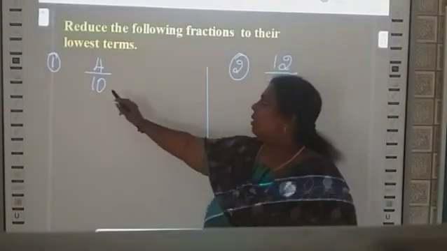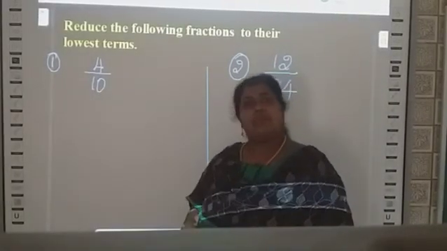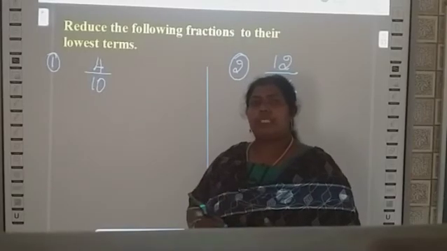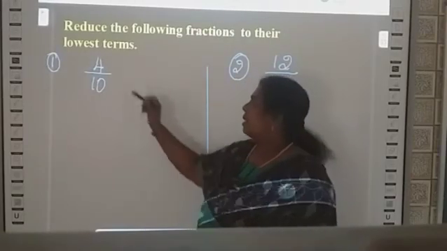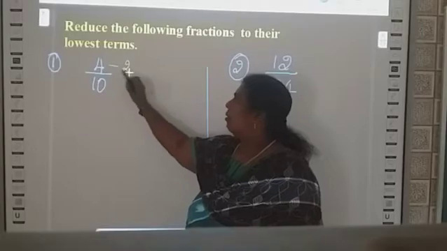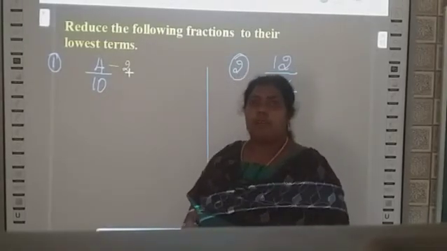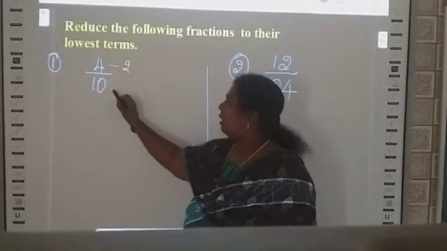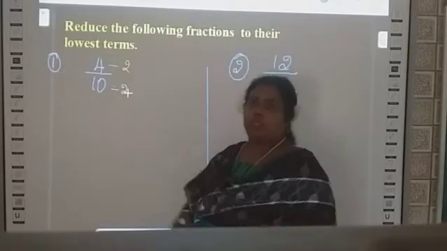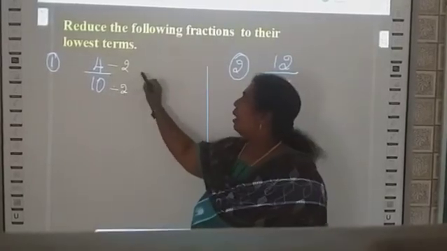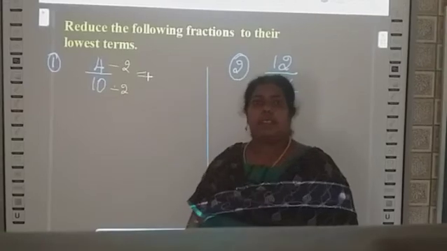So these two numbers are multiples of which number? We can use the 2 table, right? If you divide the numerator by 2, we have to divide the denominator by 2 also, right? 4 divided by 2, what is the answer?